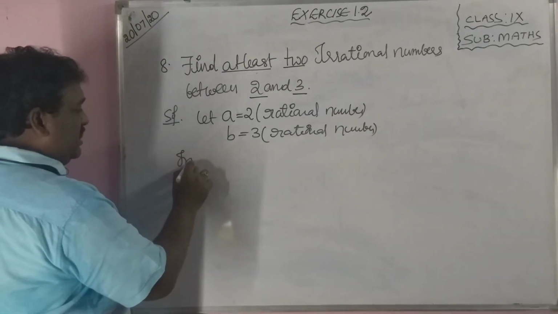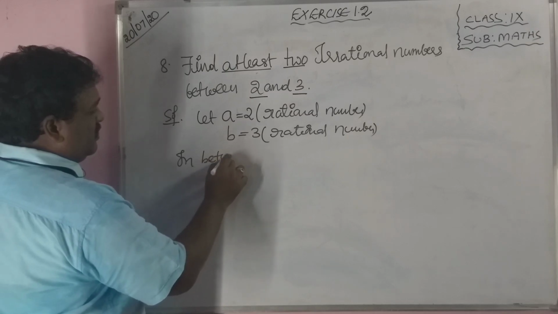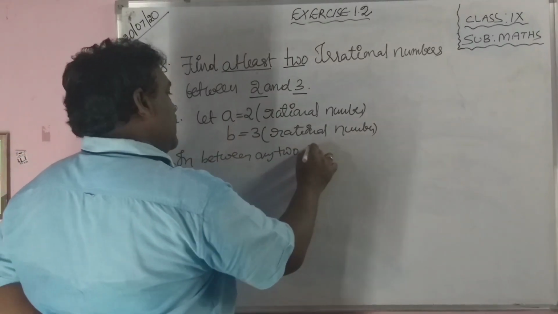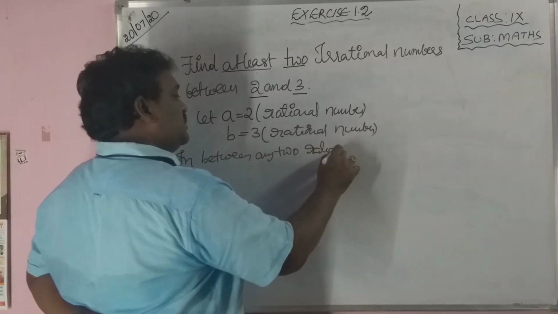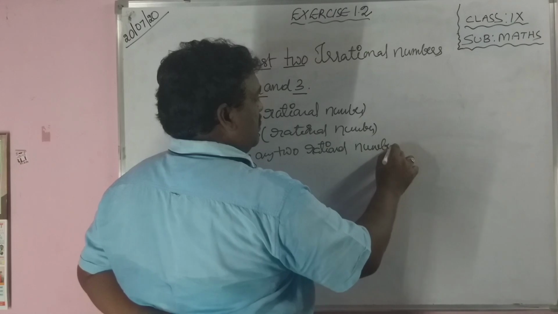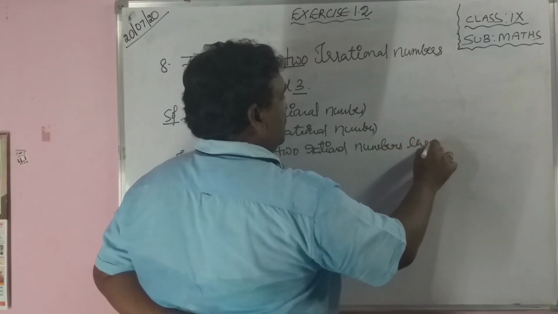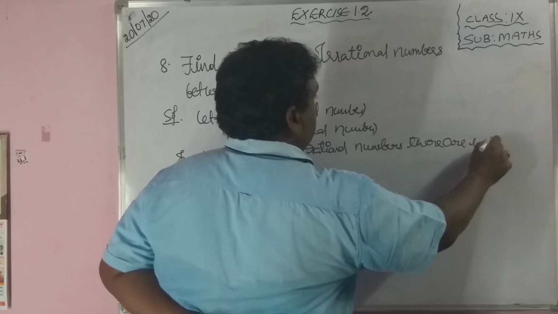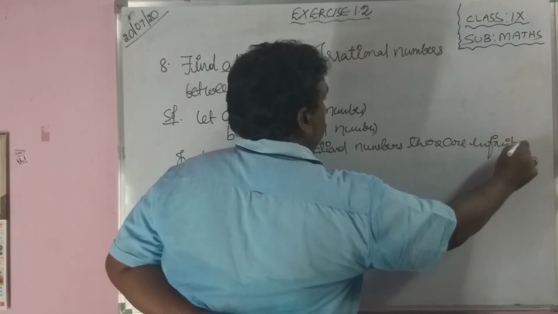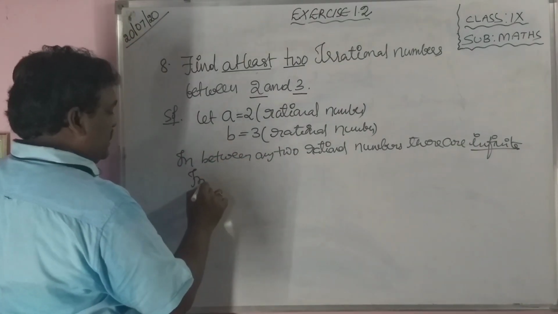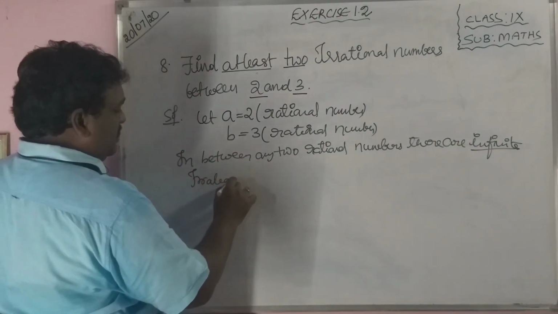In between any 2 rational numbers, there are infinite irrational numbers.